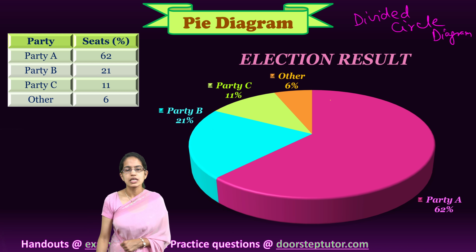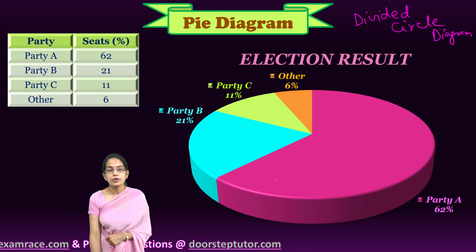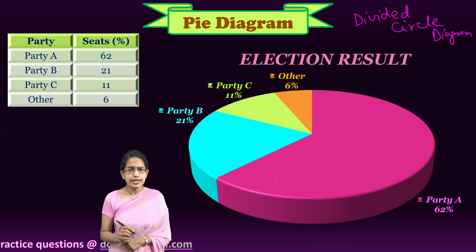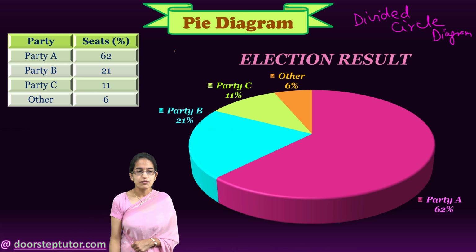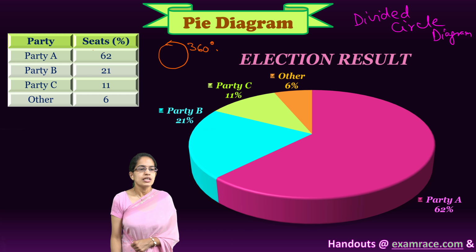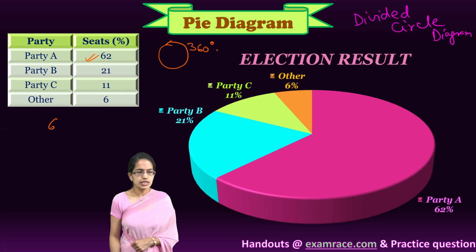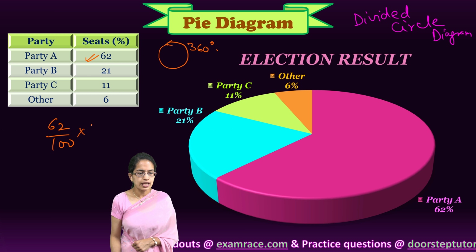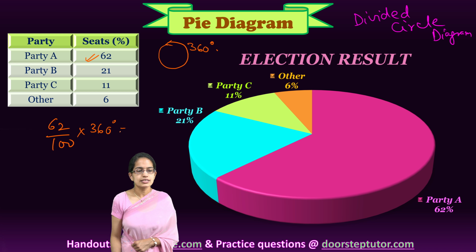So what I need to find out is the area covered under the pie diagram. For a pie diagram, we know the complete circle is how much? It is 360 degrees. Now if 62% of the seats are won by party A, how many degrees would it be?